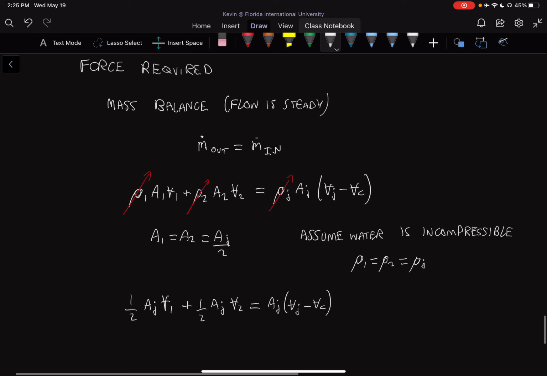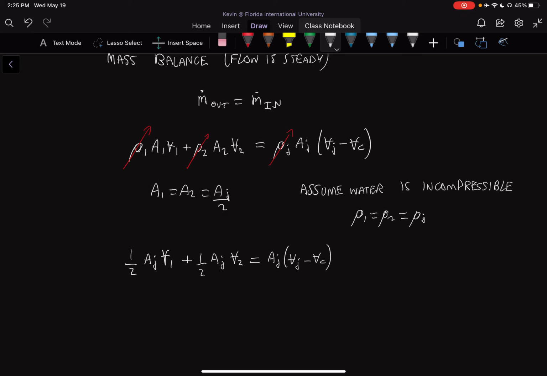And we can now simplify it by canceling AJ, and not the 1/2, but all the AJs essentially, because they're all the same. So we can cancel them out from the equation.